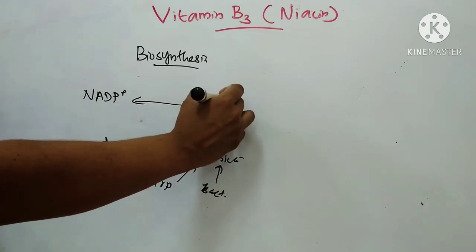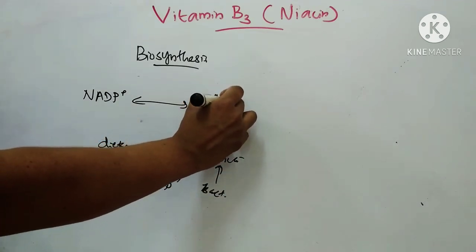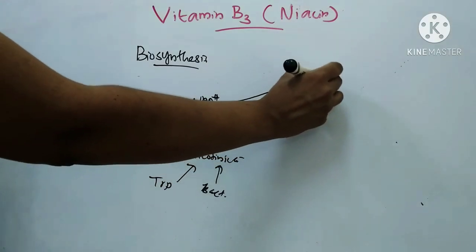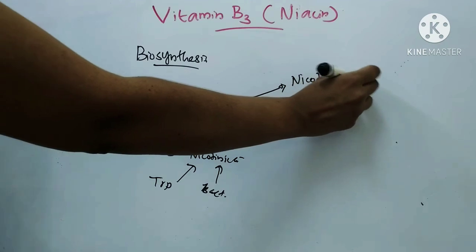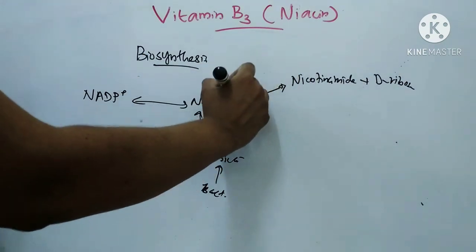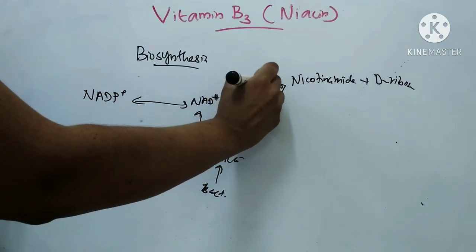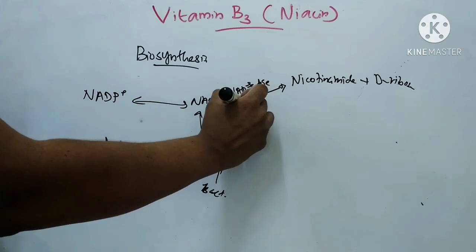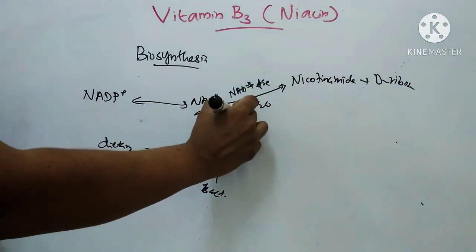Then this NAD plus is first converted to nicotinamide and D-ribose by the enzyme NAD plus ACE. Here 1 water molecule is used.